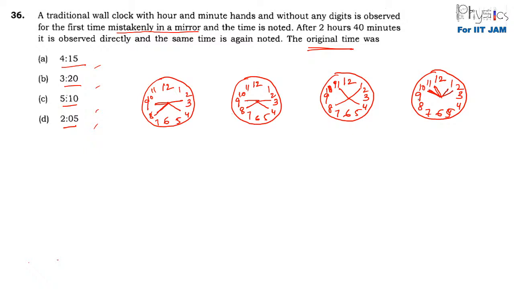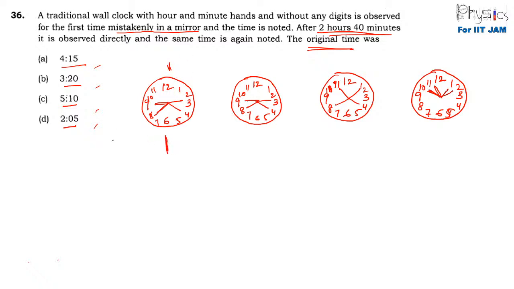right? So the difference of these two times should be 2 hour 40 minutes, right? 2 hour 40 minutes. Now, to have the correct answer, we have to take the time closest to this part or this part, right?